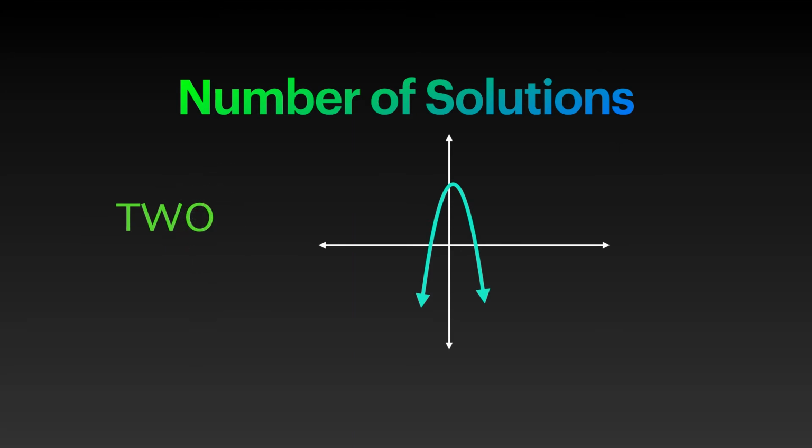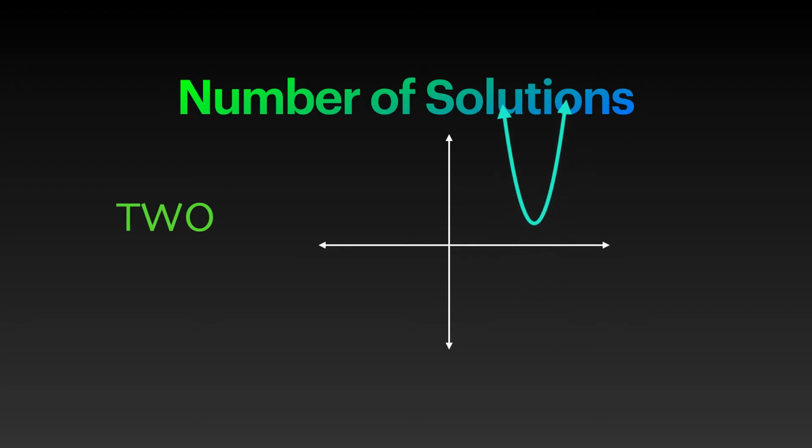It doesn't matter if it's a downward parabola or an upward parabola, there are still two solutions, because it's still crossing the x-axis in two places. It doesn't matter where it's located on the graph, at the right or to the left. If it's crossing through the x-axis in two places, then there are two solutions.